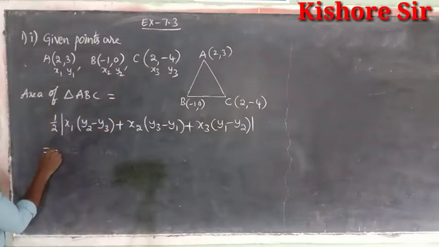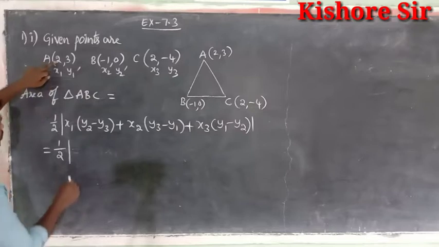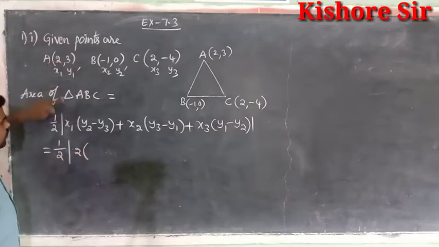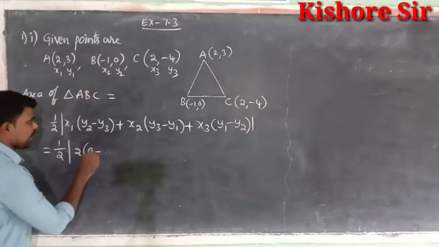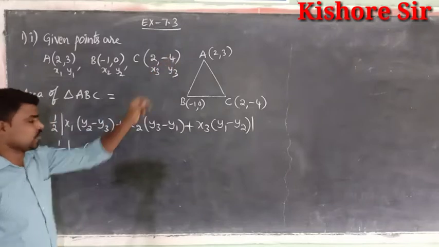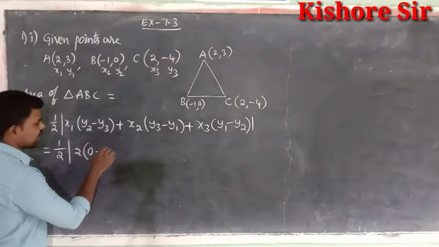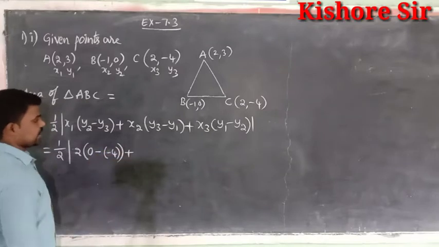Now write 1 by 2 modulus x1. The value of x1 is 2. So 2 into y2. The value of y2 is 0 minus y3. The value of y3 is minus 4. You can use a bracket. Next x2.